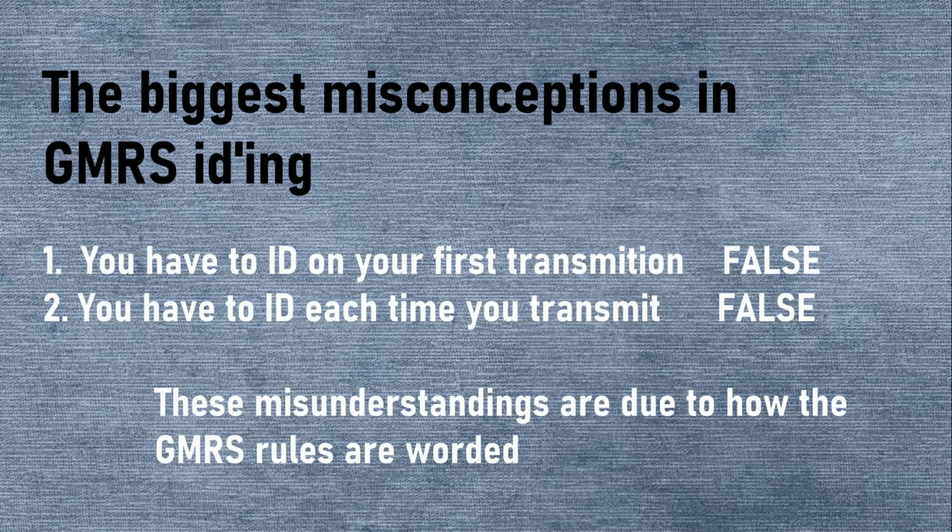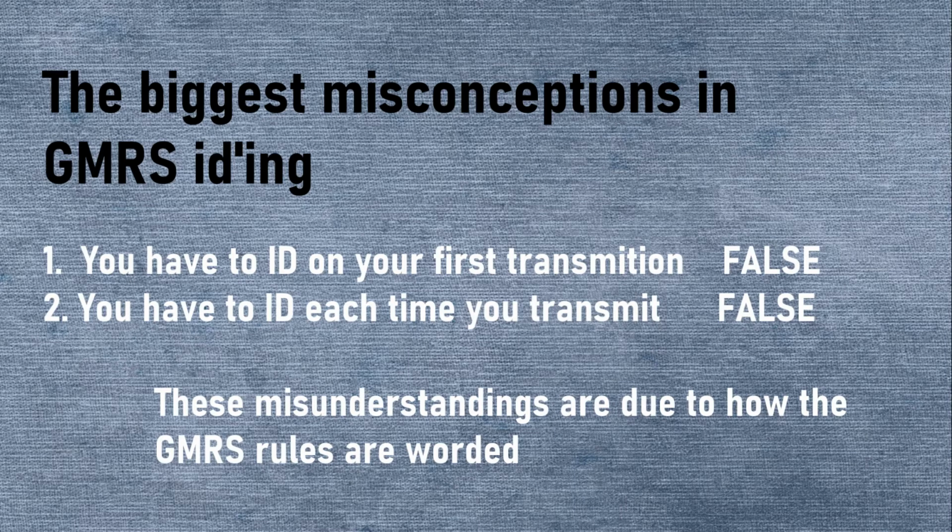People seem to be really confused about using their call signs in the GMRS because the rules are hard to understand. They're written strangely, and there's a lot of misinformation on YouTube and forums and places like that. The first big misconception is you have to ID on your first transmission, the first time you key up.